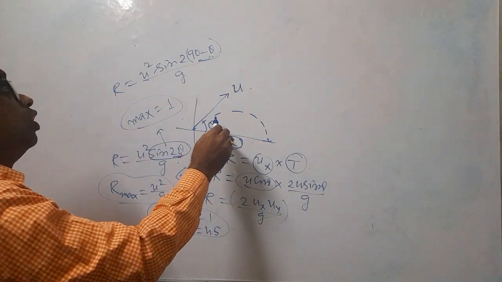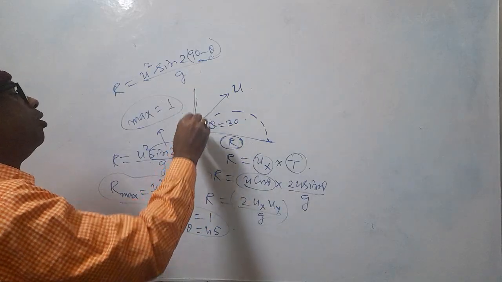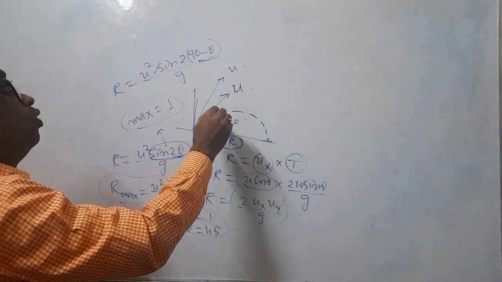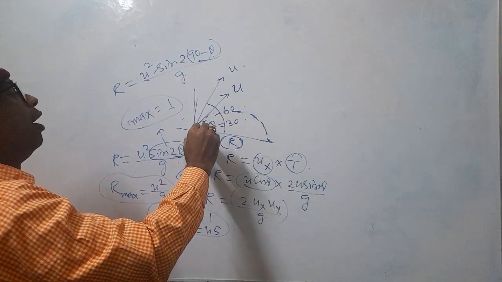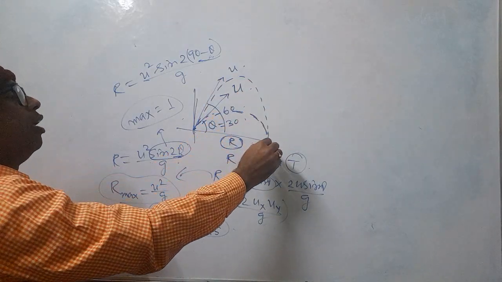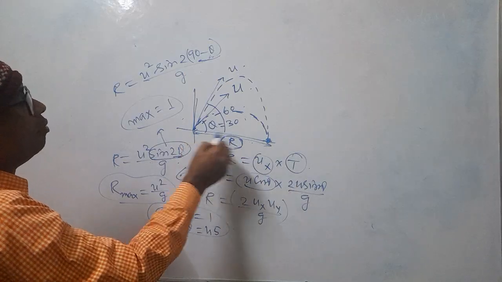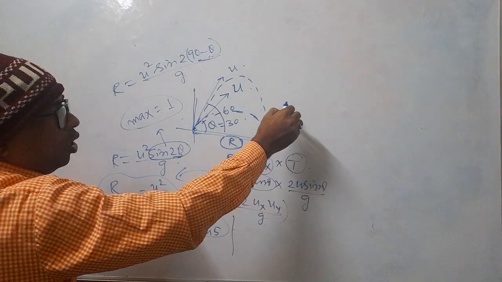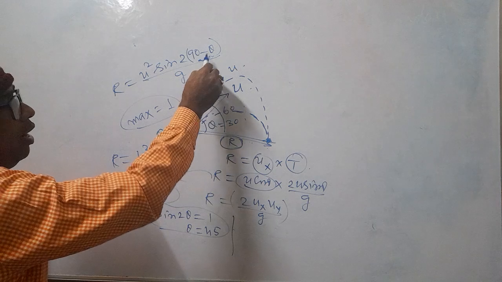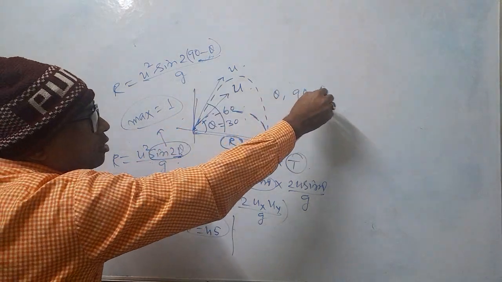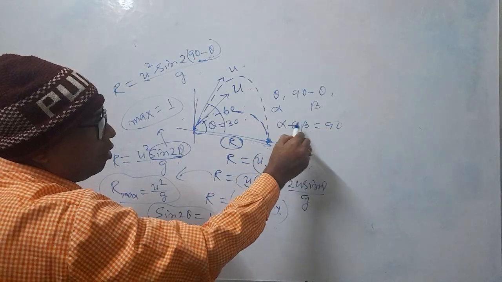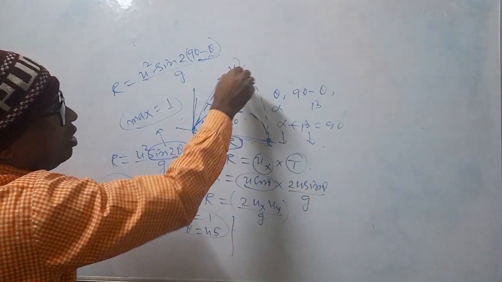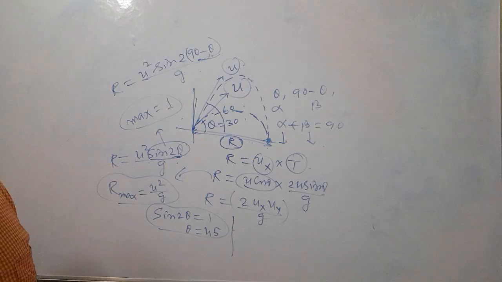So if you throw with theta equal to 30, or with theta equal to 60, you get the same range. So theta and 90 minus theta: if the angles are alpha and beta, then alpha plus beta equals 90. Then for alpha and for beta, if the initial velocity is the same, the range of the projectile will be the same.